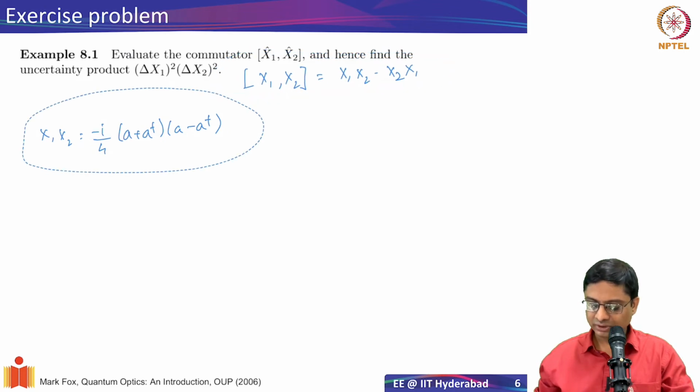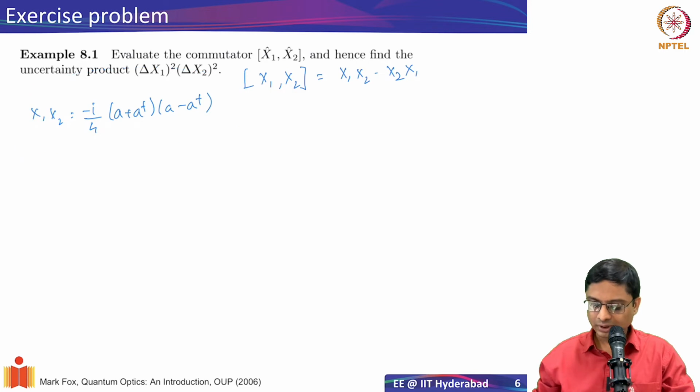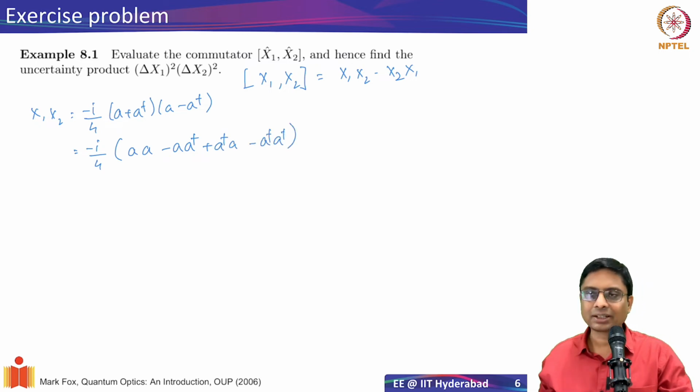So this is equal to minus i by 4 [a times a, a squared essentially, plus a dagger a, minus a a dagger, minus a dagger a dagger]. This is my x1 x2.